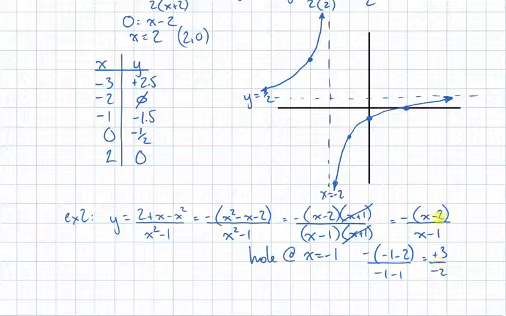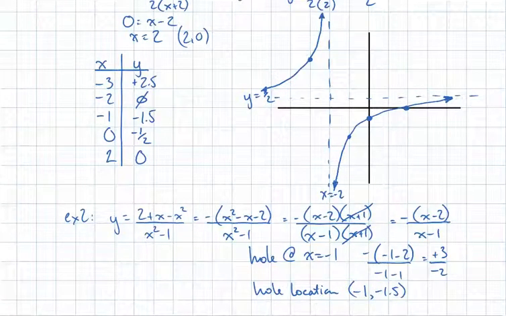So it's defined on the simplified function, which is actually misleading because it's a hole. It's not defined there. But the hole location can be found this way. Negative 1 comma negative 1.5 is where the function doesn't exist.